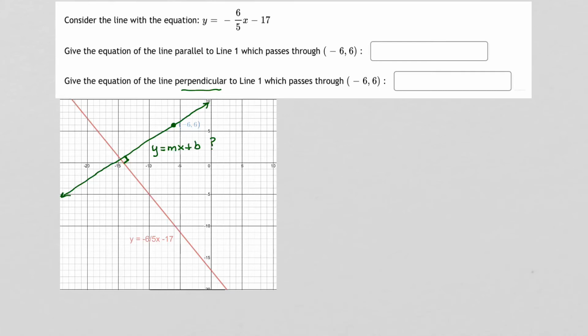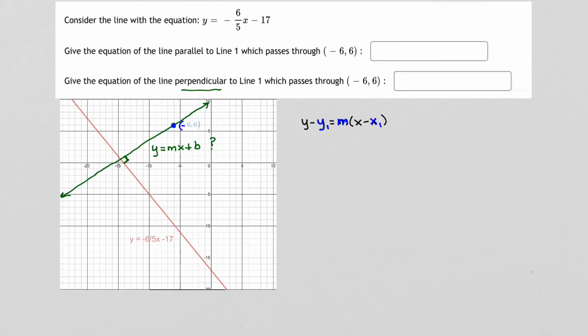Well, we can repeat the same process we did for the other line, meaning we can start by looking at the point-slope form, which is y minus y1 equals m times x minus x1, and recognizing that we need the parts m, slope, and we need a point x1, y1.